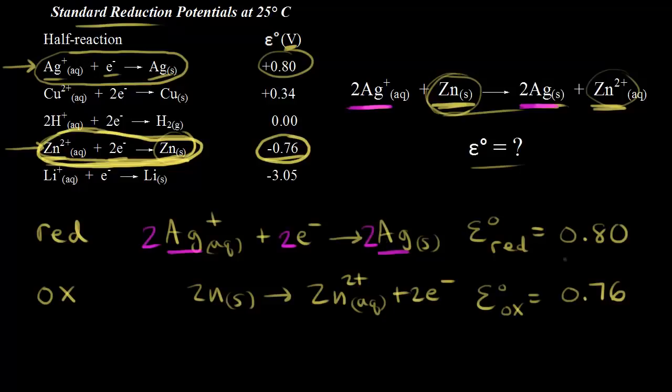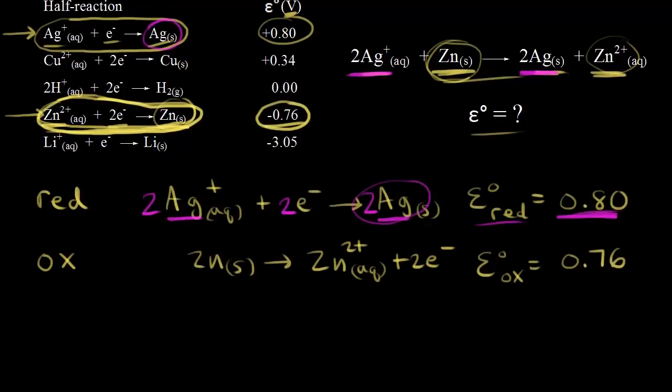Now, it might be really tempting to say, don't we just multiply our reduction potential by 2 as well? And we don't, for the reason that we talked about in the previous video. Voltage is an intensive property, so it doesn't matter if you're forming 1 mole of silver or 2 moles of silver, the voltage is the same. So we're going to leave the voltage at 0.8 volts.